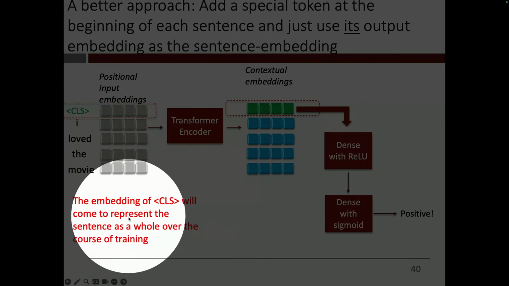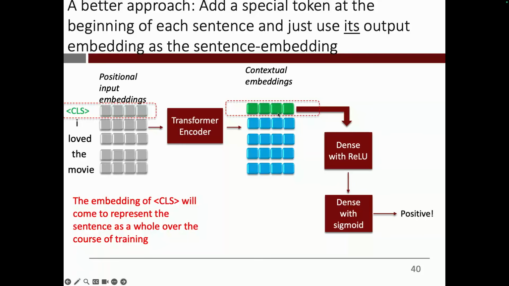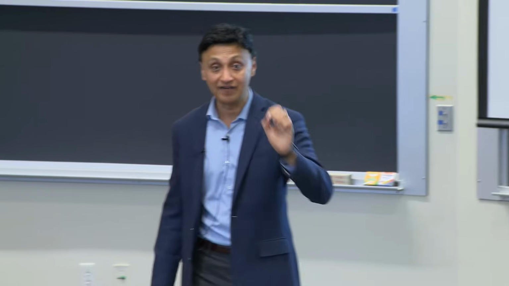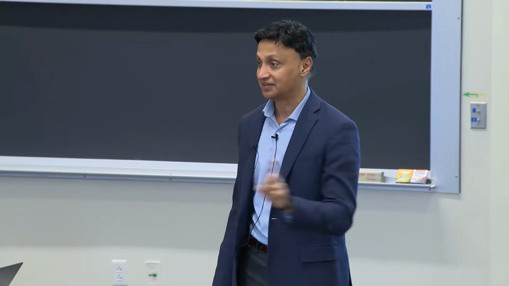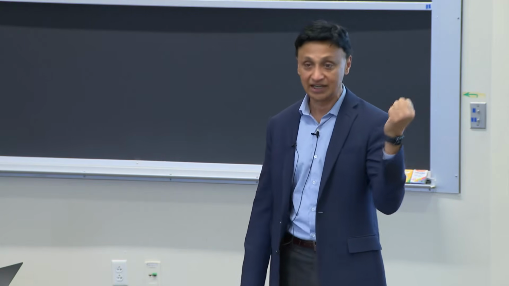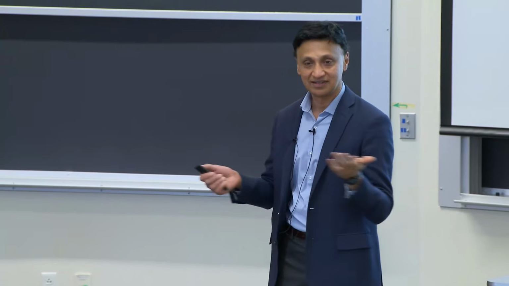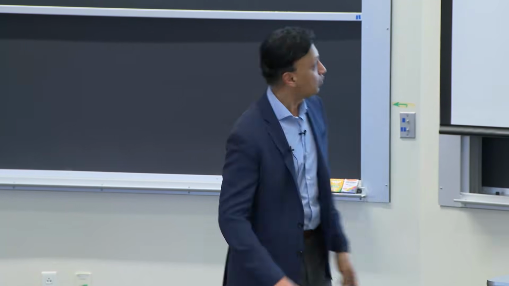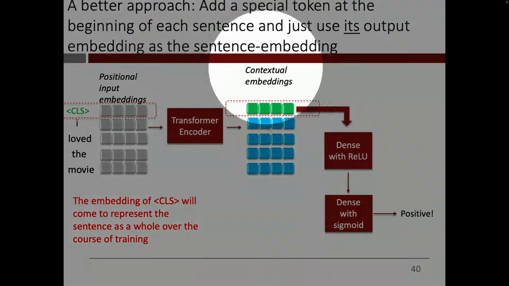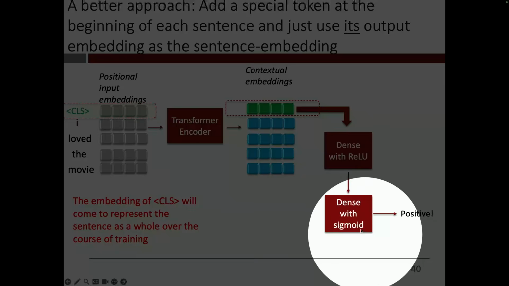And because it has been trained with everything else, this token has a contextual embedding, which means that it's very much aware of all the other words in the sentence. So in some sense, this CLS token's contextual embedding captures everything that's going on about that sentence. And so once we are done training, we just grab this thing alone and send that through a ReLU and a sigmoid, and boom, you're done.